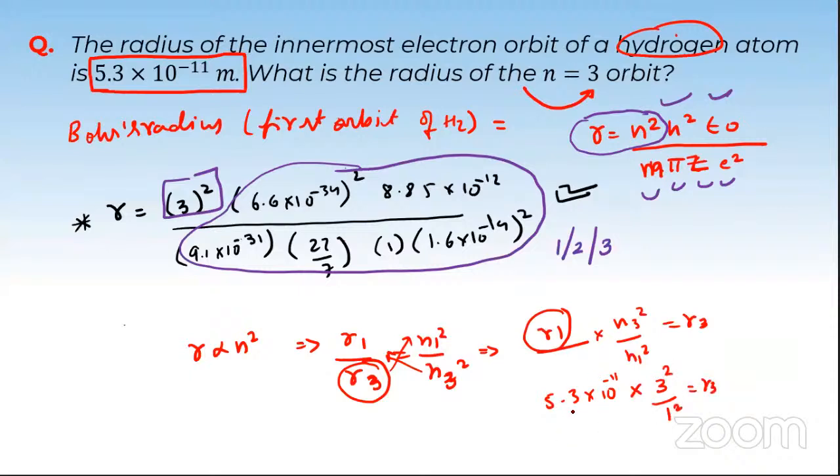You can easily notice that 3 square is 9. 9 into 5.3 is 47.7 into 10 raised to minus 11, or 4.7 into 10 raised to minus 10, or 4.7 Angstrom. So I can easily calculate that the third orbit is located at 4.7 Angstrom distance.